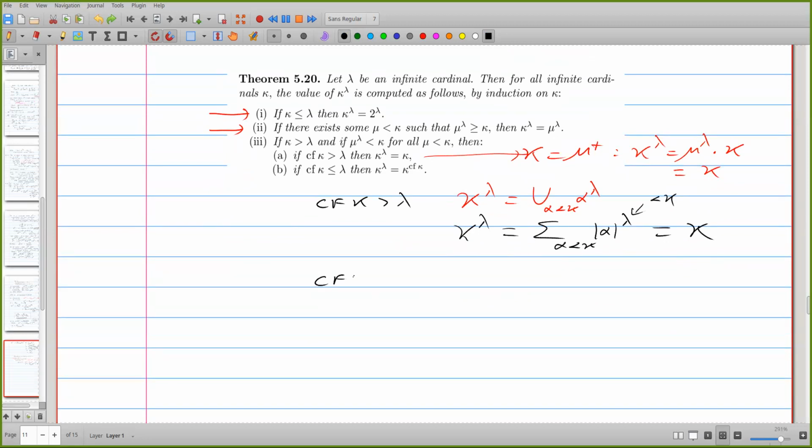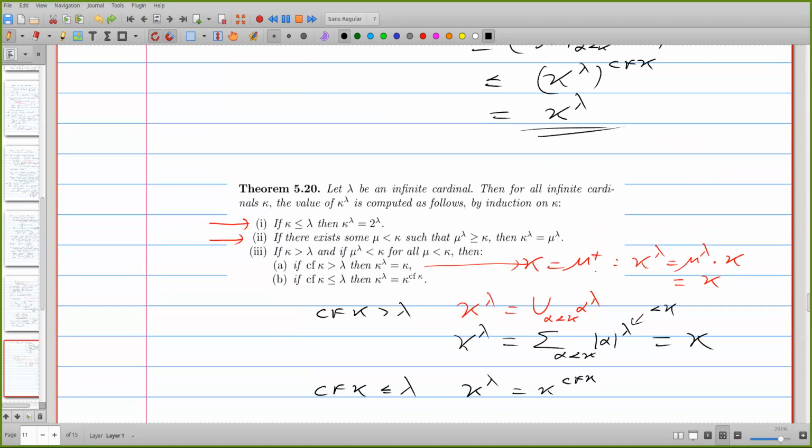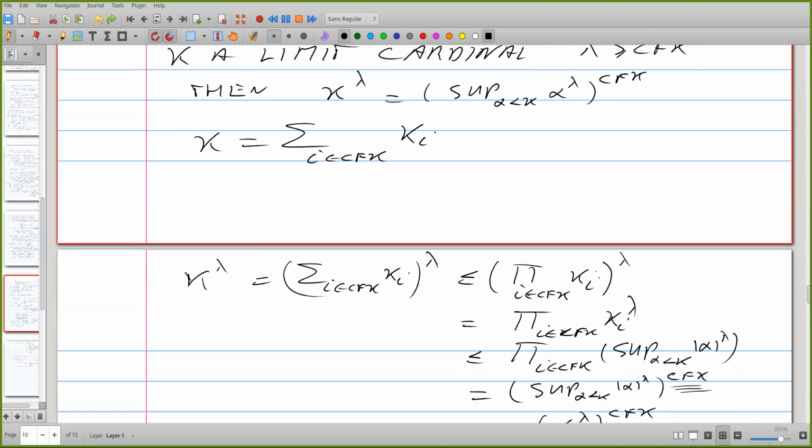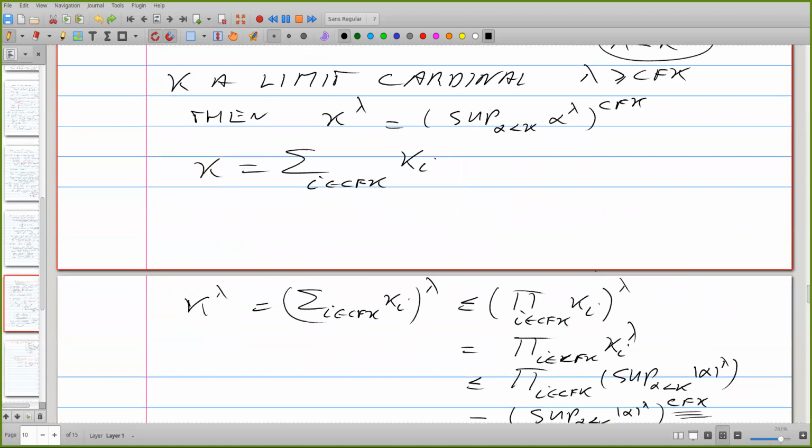And if the cofinality of kappa is less or equal than lambda, then we get, where is it? We have one of our older results, and I forgot where it was. Yeah, it's here.